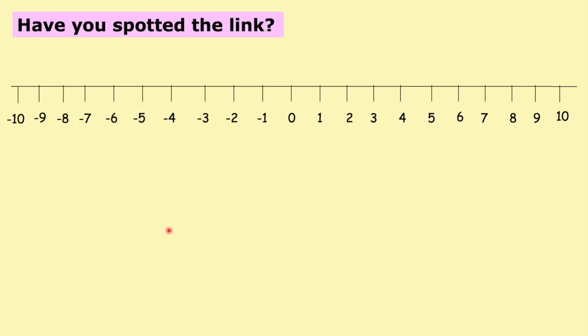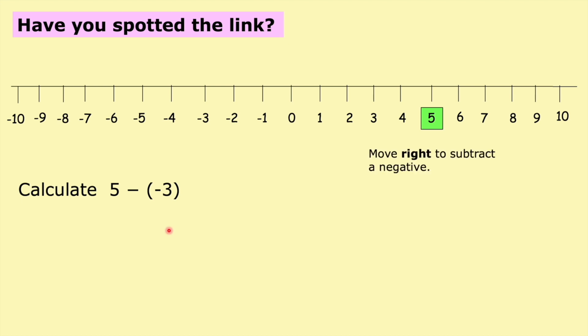Okay, so we've gone through 2 examples and you've tried 2 yourself, and I was wondering if you have spotted a link at all. So going back to the very first example that I showed you, 5 subtract negative 3, we started at 5 and we said we're going to move right when we're subtracting a negative. So we're going to move right, which is forward, to get to 8.